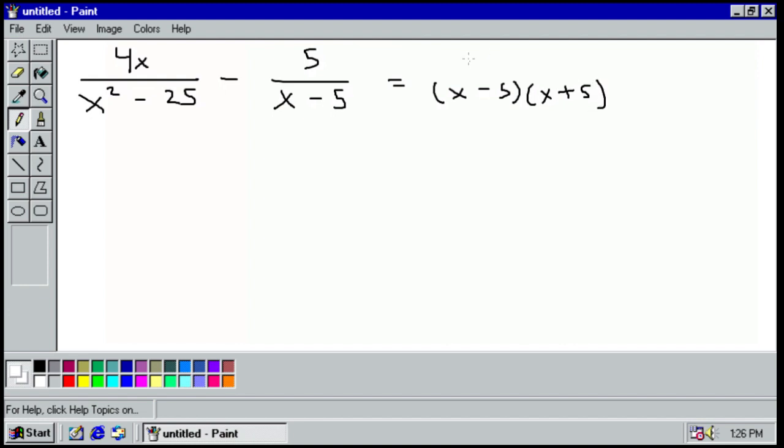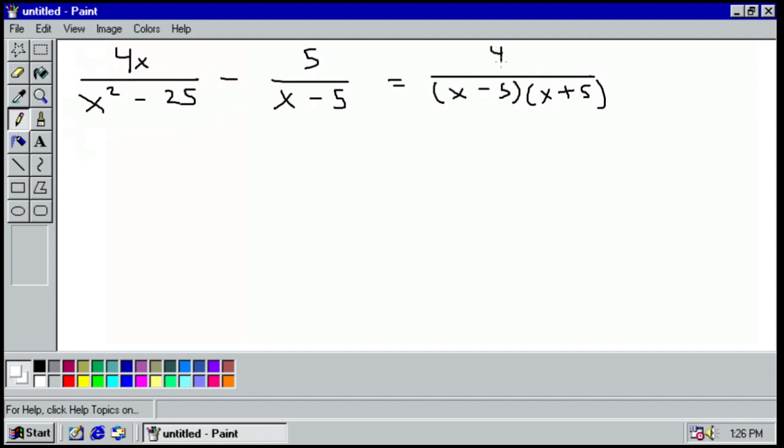Because we're just going to take the square root, because this is a perfect square number. This one will give us x and this one will give us 5. So we need to set up two different parentheses with positive and negative values, which in this case is x minus 5 and x plus 5.